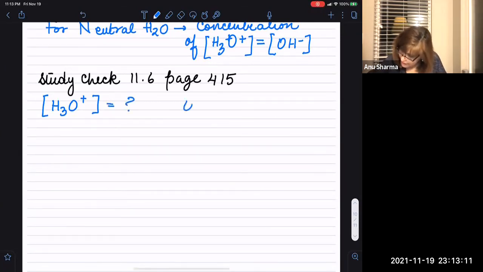This is the language: the double brackets, the concentration, is expressed with these square brackets. The OH ion concentration given is 4.0 times 10 to the power negative 4.